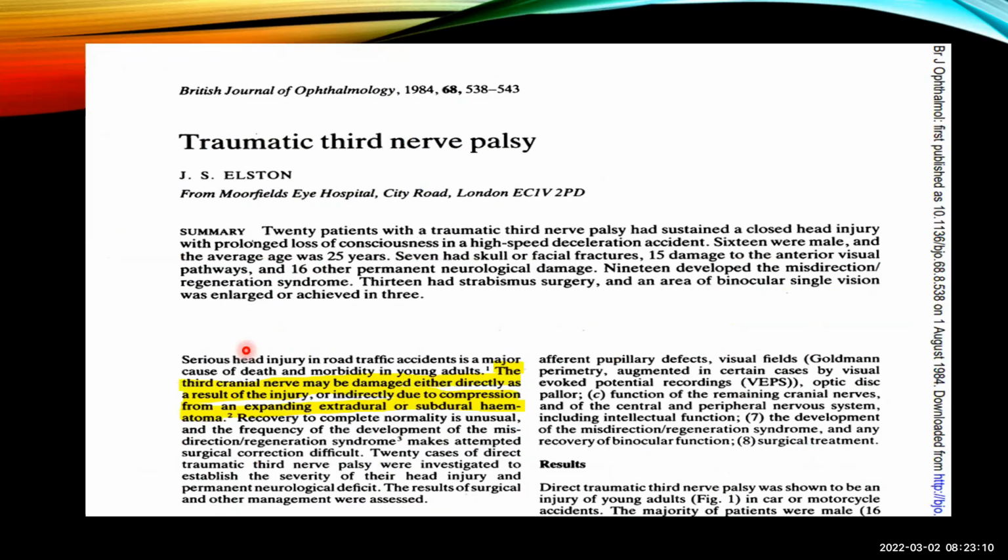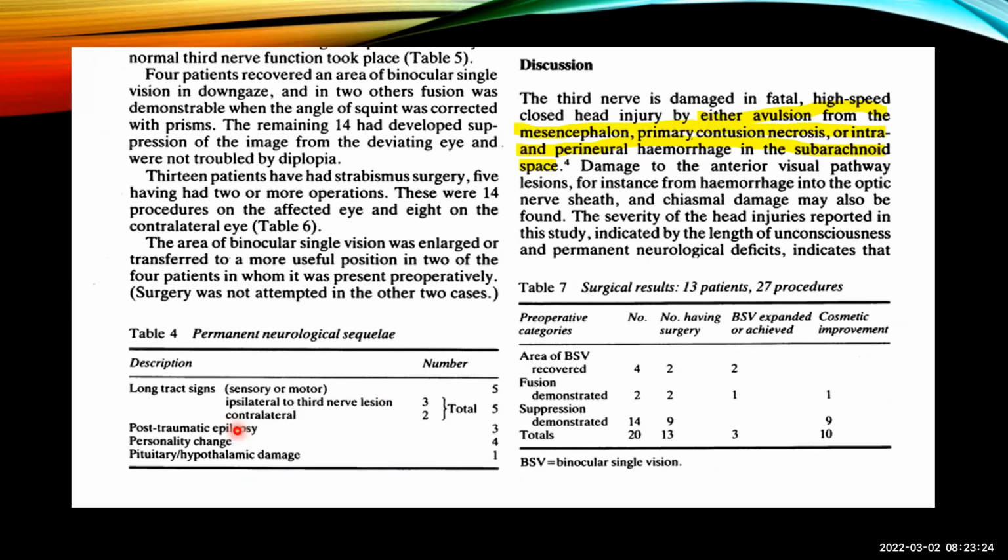And the underlying pathophysiology will be damage either directly as a result of the injury or indirectly due to compression from an expanding extradural or subdural hematoma. And also in this case series discussion, they found that direct avulsion from the mesencephalon, primary contusion necrosis or intracranial and perineural hemorrhage can also cause direct third nerve injury, especially in the subarachnoid space.